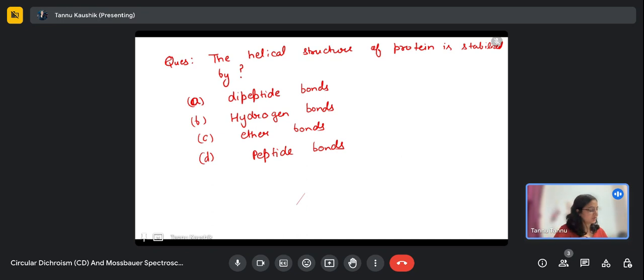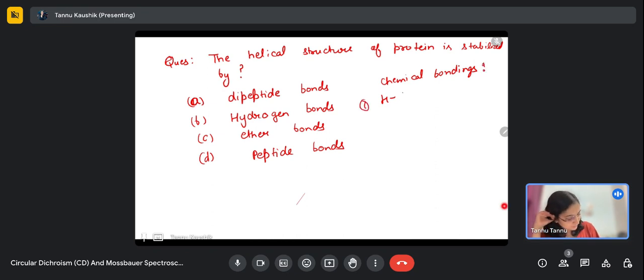In the helical structure, so in the main lecture also, it has been cleared that these are the chemical bondings present in the proteins, enzymes, etc., which stabilize them.